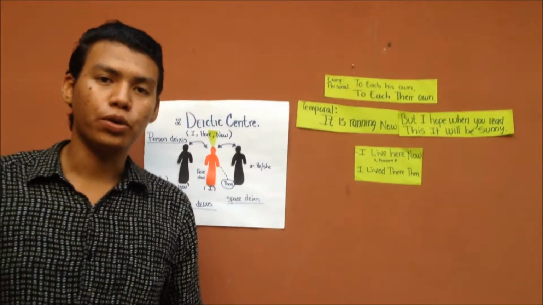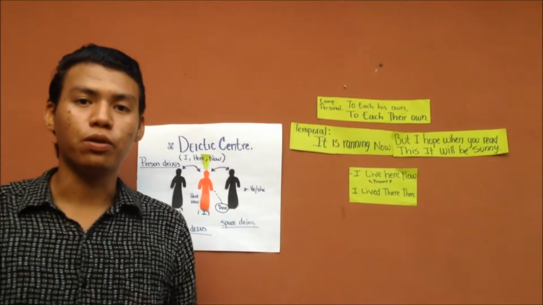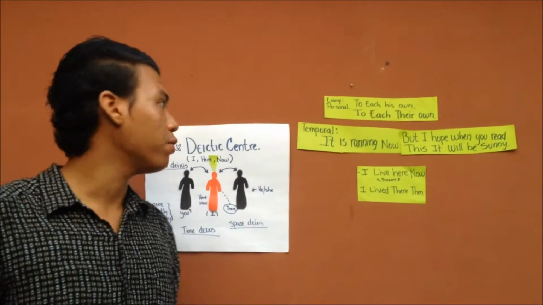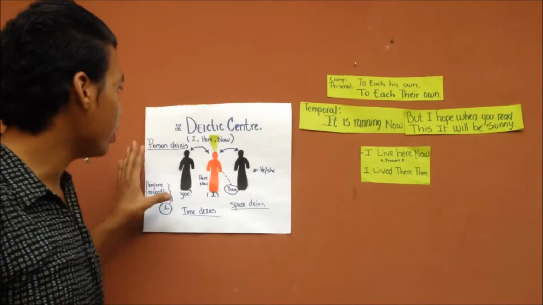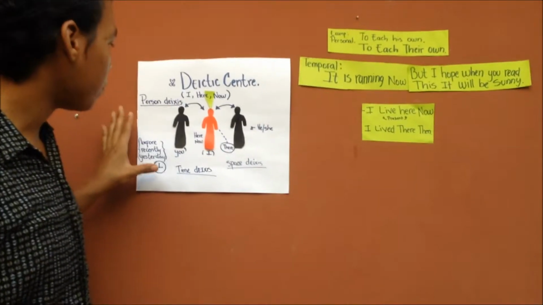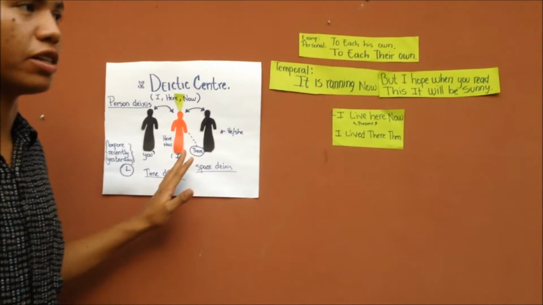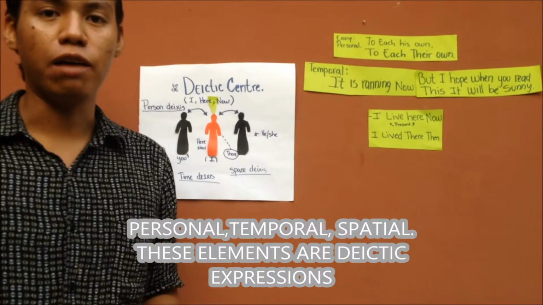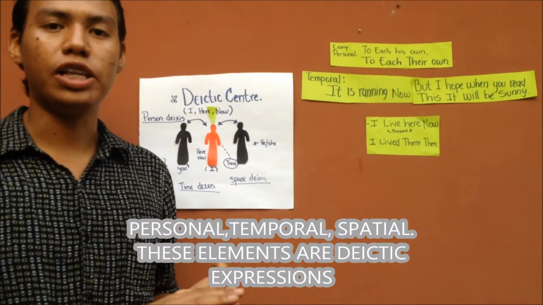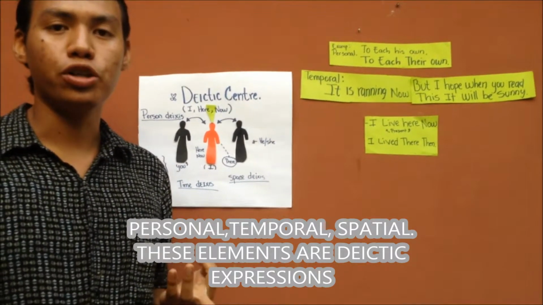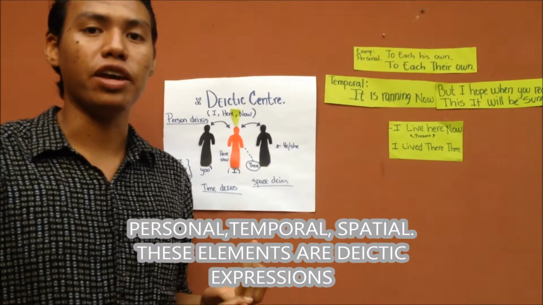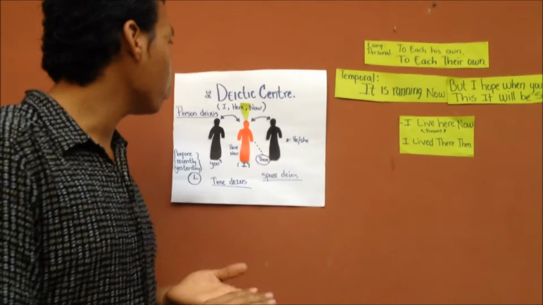Well, we are going to continue with examples about deixis. Here we have a little graphic about deixis. As we know, deixis has three types: personal, temporal, and spatial deixis.